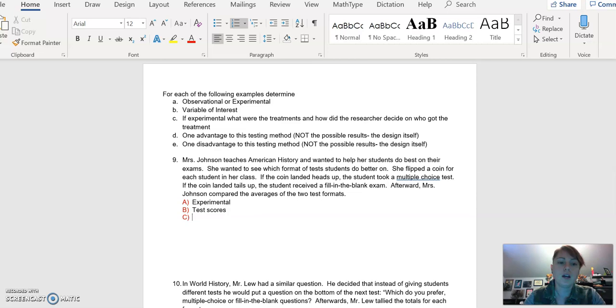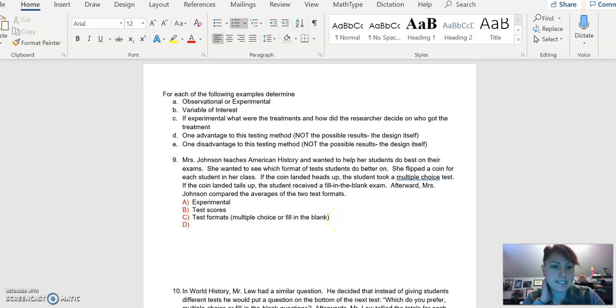All right. So part C, if it's experimental, what were the treatments? The treatments are the test formats. So either multiple choice or fill in the blank. Okay. All right. Part D. Oh, I forgot to say how did they decide. So we want to make sure it's random because otherwise you could have bias.